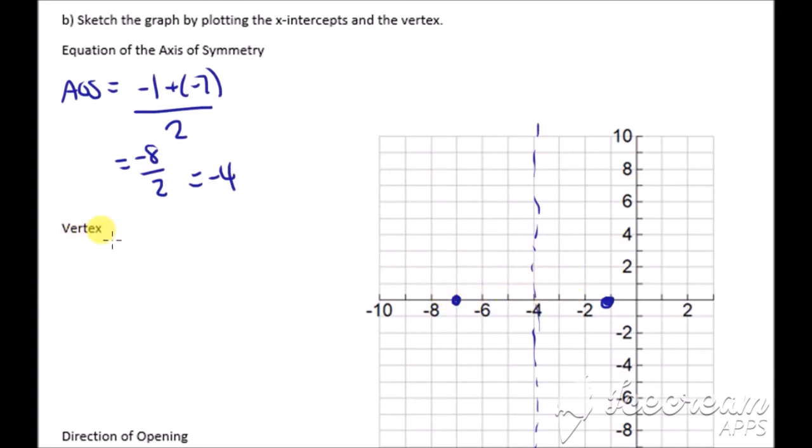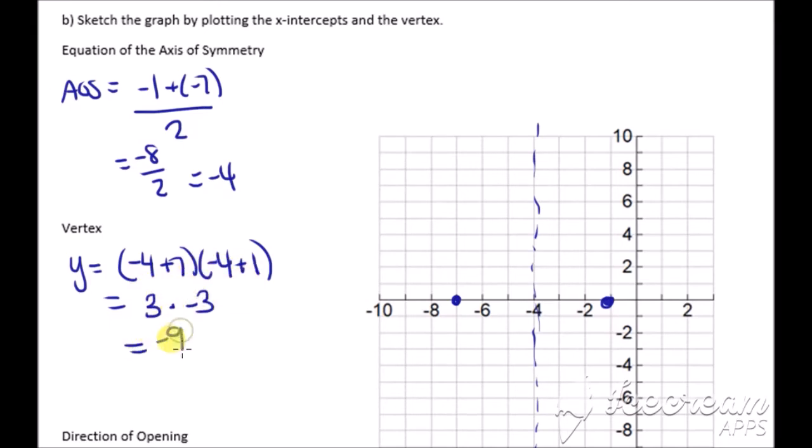Okay, now the vertex, we take that -4 and we plug it back into the equation. So you can sub it into the expanded equation or the factored equation, whichever one you want. So for example, the factored equation would be -4 plus 7, which is 3, times -4 plus 1, which is -3, which is -9.